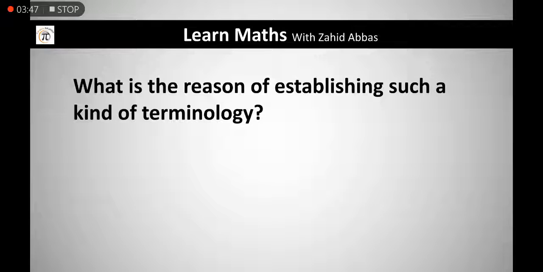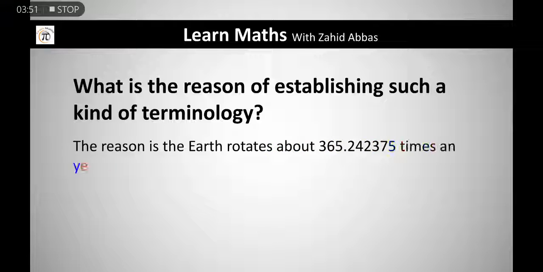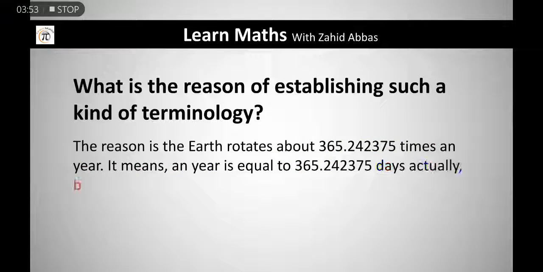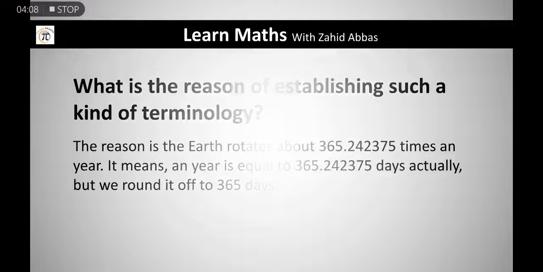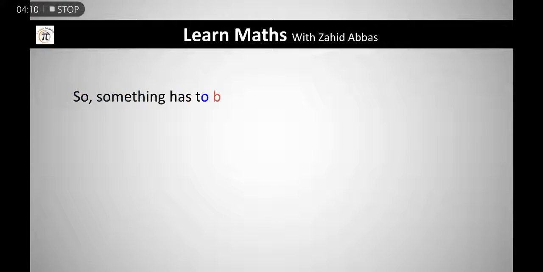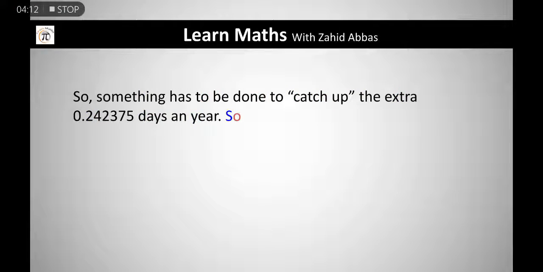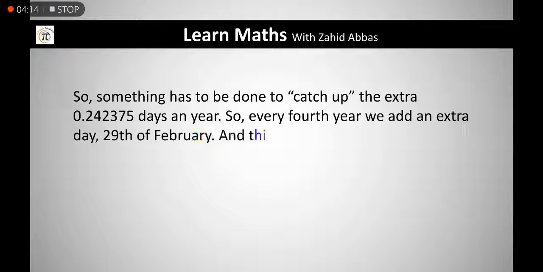What is the reason of establishing such a kind of terminology? The reason is the Earth rotates about 365.242375 times a year. It means a year is equal to 365.242375 days actually, but we round it off to 365 days. So something has to be done to catch up the extra 0.242375 days a year.